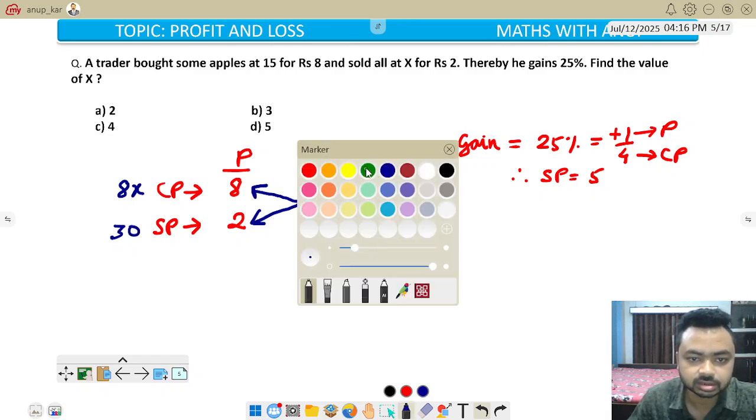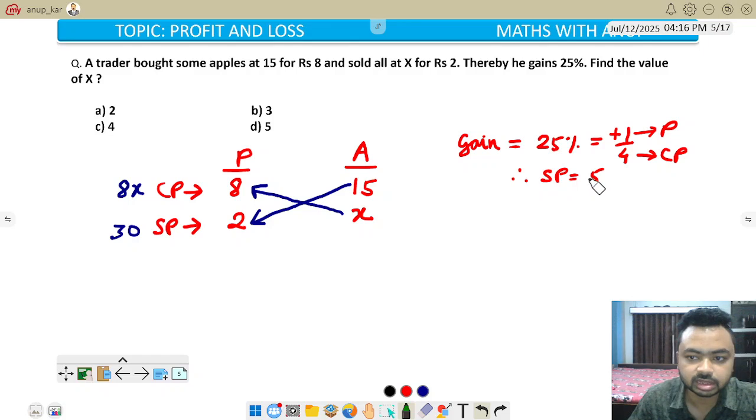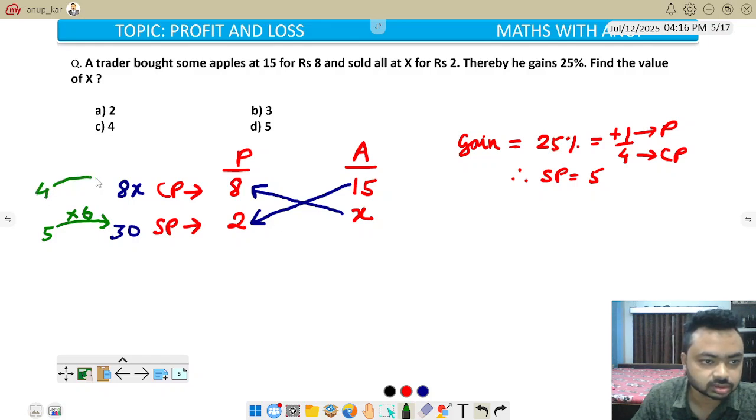And my selling price ratio is 5. To go from 5 to 30, multiply by 6. And here my cost price ratio is nothing but 4. So to go from 4, we multiply by 6.